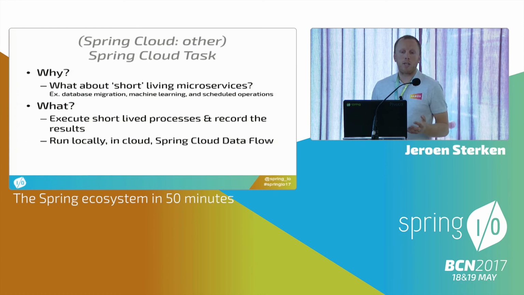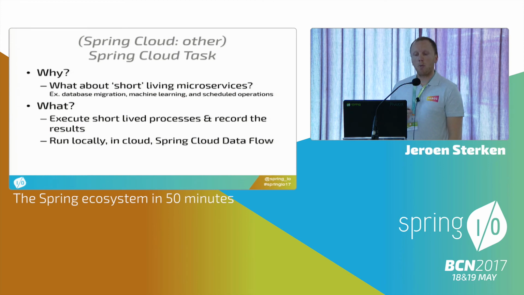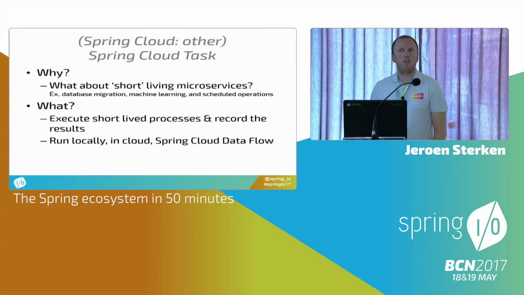It can just keep it offline at that moment because it has done its work. So Spring Cloud Task, if you have some kind of operations like that, you can use that project. It's going to execute these processes for us, these microservices in the cloud environment. And you have integration with Spring Cloud Data Flow for this. Spring Cloud Data Flow allows us to manage these tasks and run them if you want to.